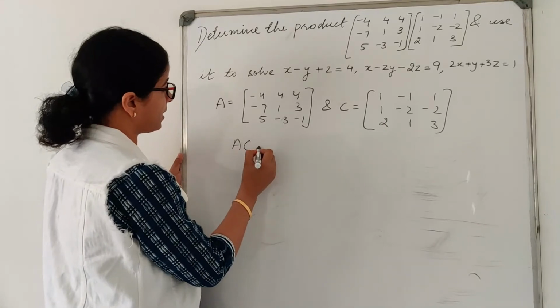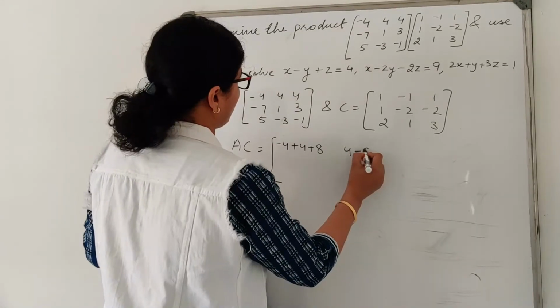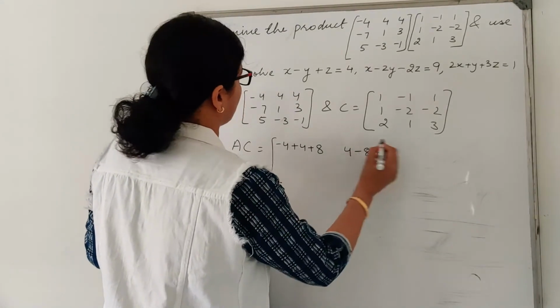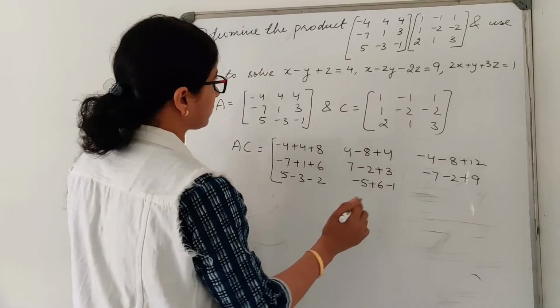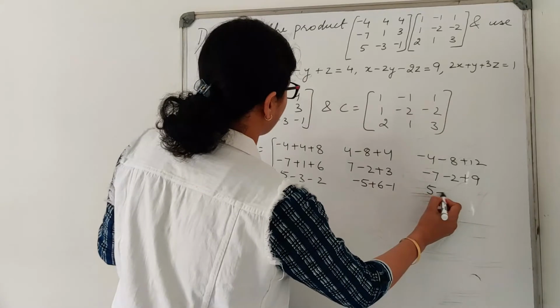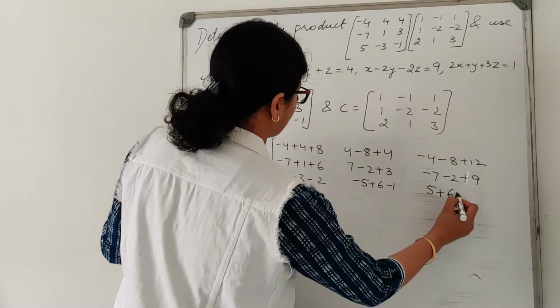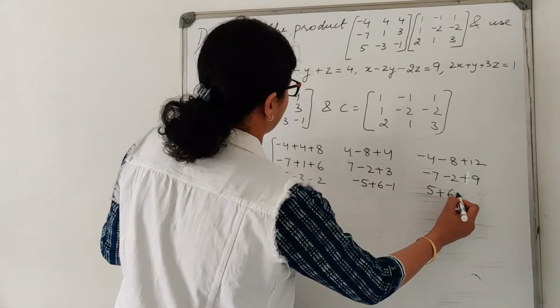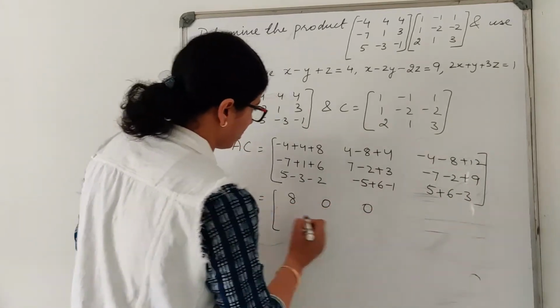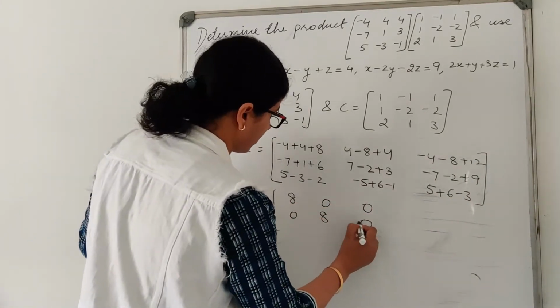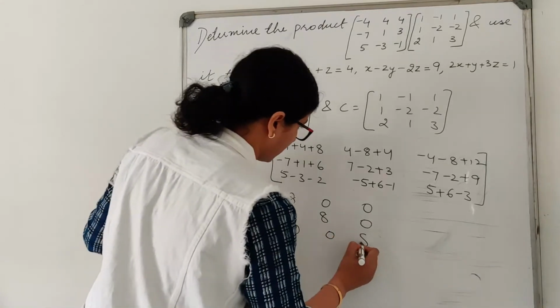So AC is equal to 4 minus 8 plus 4, minus 4, 6 minus 1, last 5 plus 6, minus 3, 8, 0, 0, 0, 8, 0, 0, 0, 8.